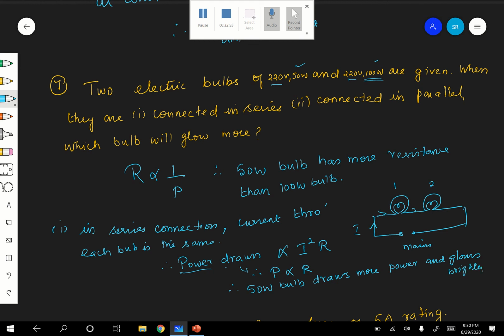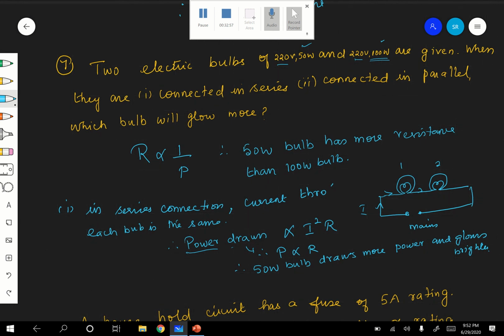Okay, right. Now next one. What is the next one? Second one, in parallel connection. In parallel connection, what will happen? Both the bulbs are connected to the mains.